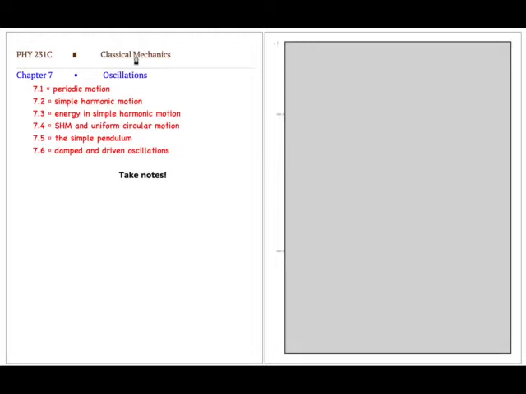Mechanics is all about motion. And oscillation means something that goes back and forth. Those would be horizontal oscillations, or up and down, where there's the position as a function of time.